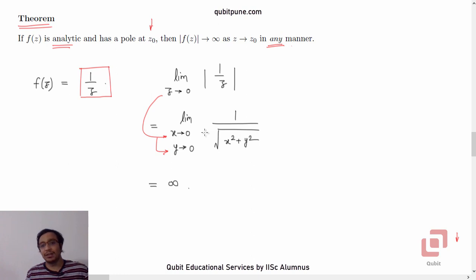Because we consider only the positive root, this limit is infinity. So if f of z is analytic and has a pole at z0, then as you approach z0, the values of the function become large in modulus. That is what this theorem is telling you.